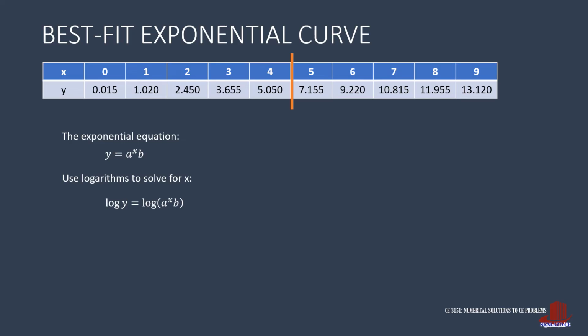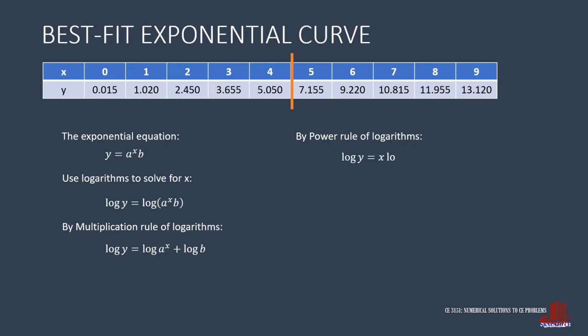With the multiplication rule, we can then expand the right side of the function, thereby making log of y equal to logarithm of a raised to x plus logarithm of b. Then with the power rule, we can take down x, now having log of y is equal to x times log of a plus logarithm of b.